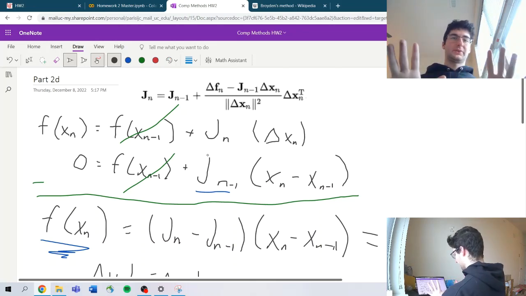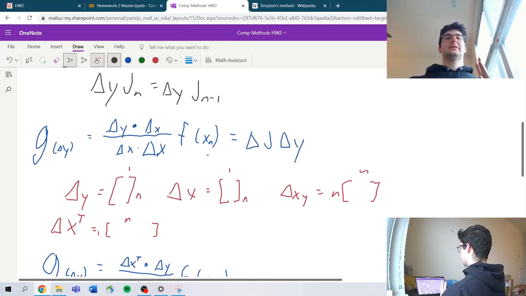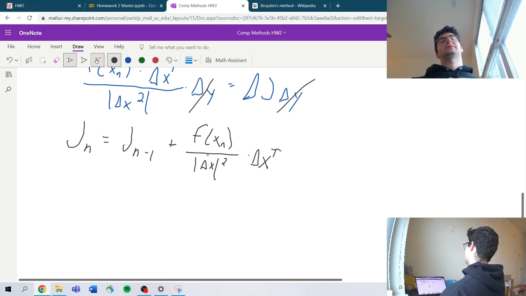So we're almost there, and this answer is acceptable. I'm just going to show you that this equation here is equal to Broyden's stated equation up top.